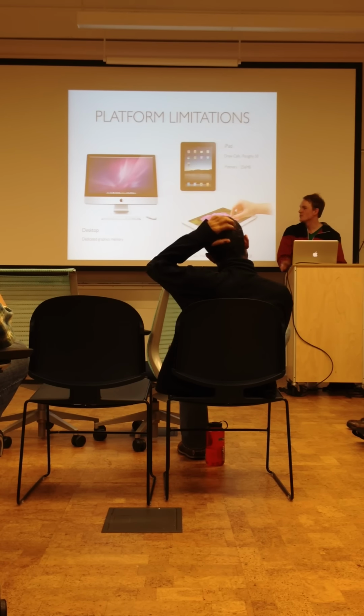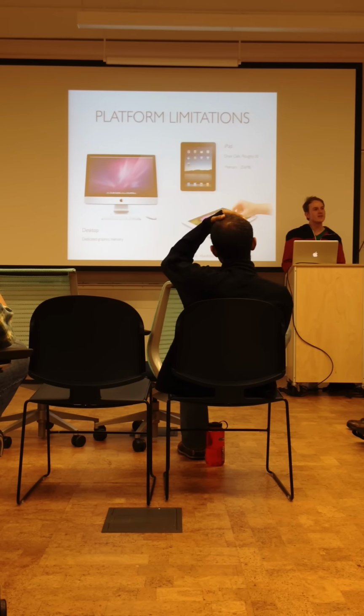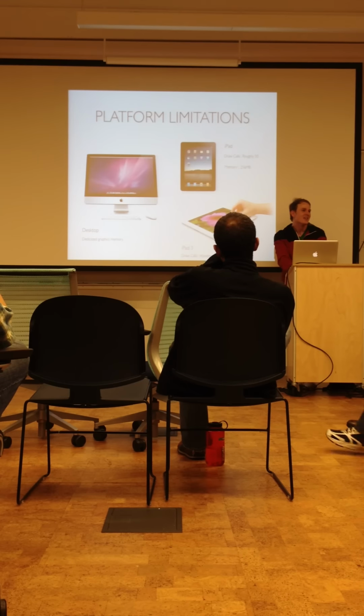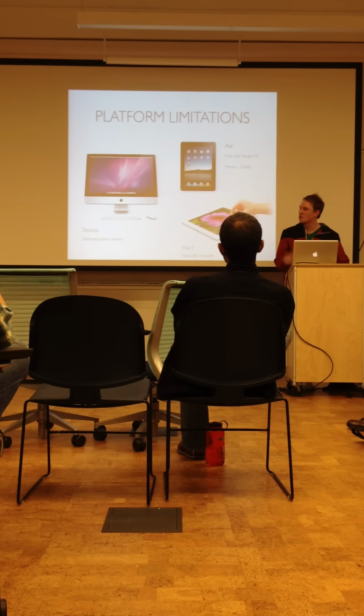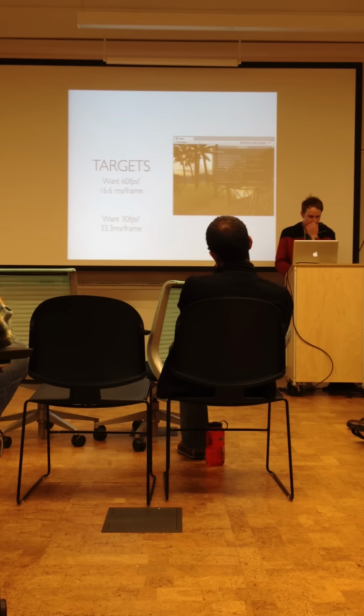I think the main issue with the new resolutions is doing the GUI stuff again. If you do the GUI the efficient way, then pushing it to the finer resolutions is easier. Then a few general tips: if you want 60 frames a second, these are the frame times, the milliseconds per frame, that we need to look at, just as general maths.